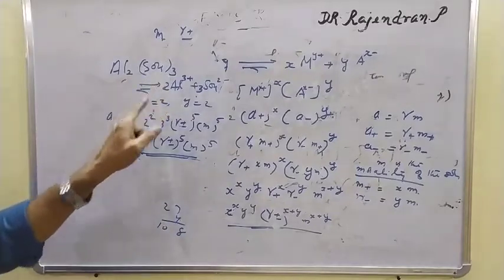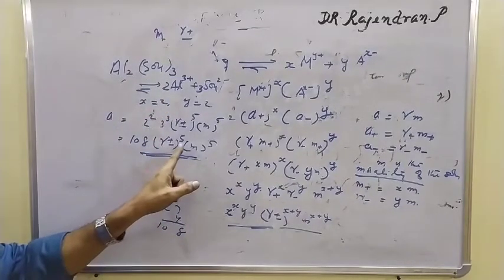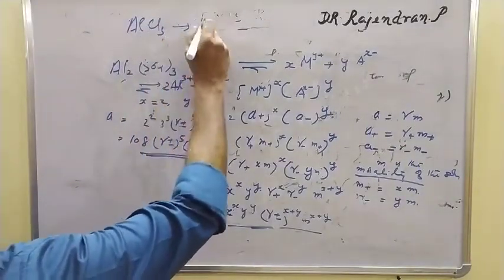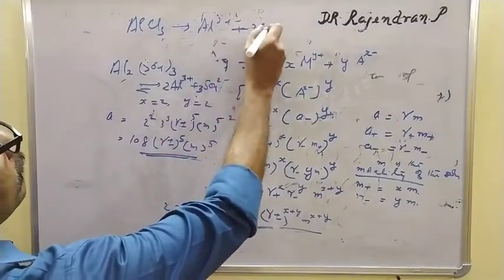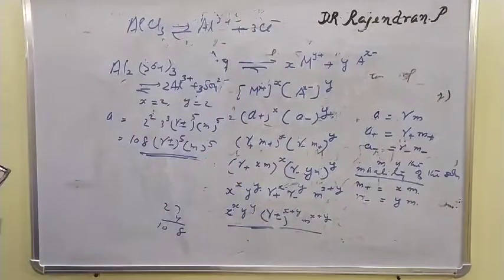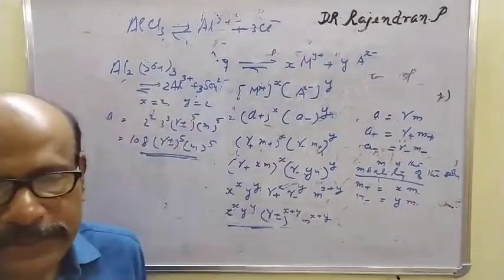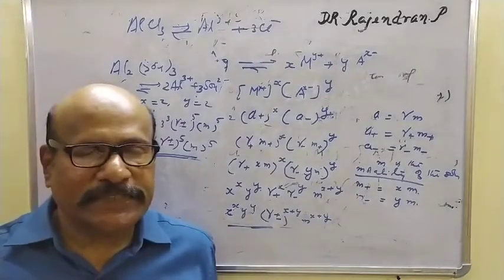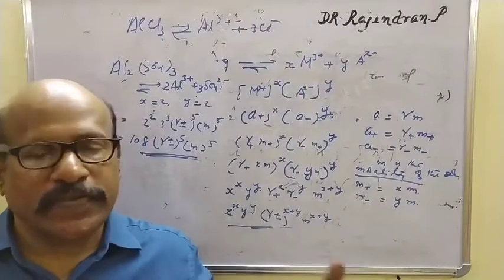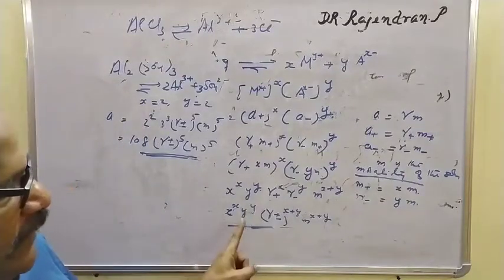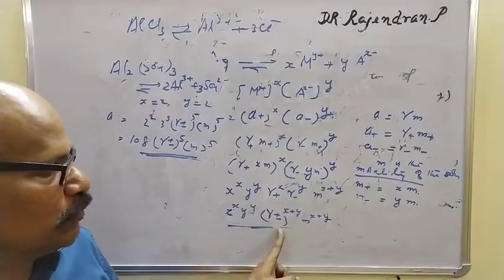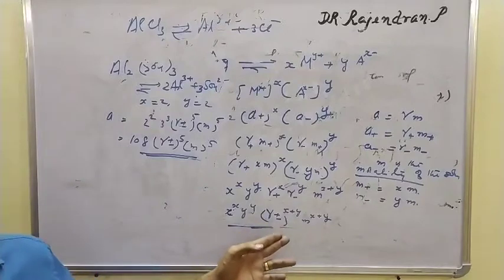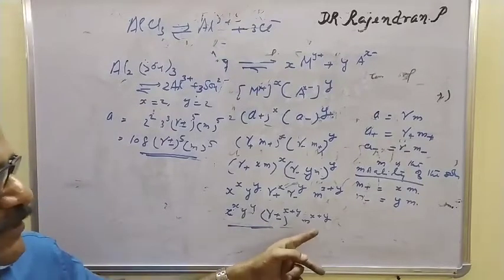Similarly, in the case of aluminum chloride, you get 27 gamma plus or minus raised to 5 m raised to 5; you write this equation. What I wish to say is that in the case of an electrolyte in solution, there is a relation between activity, mean ionic activity coefficient and molality, given by x raised to x, y raised to y, gamma plus or minus raised to x plus y into m raised to x plus y, where gamma plus or minus is the mean ionic activity coefficient and m is the molality.